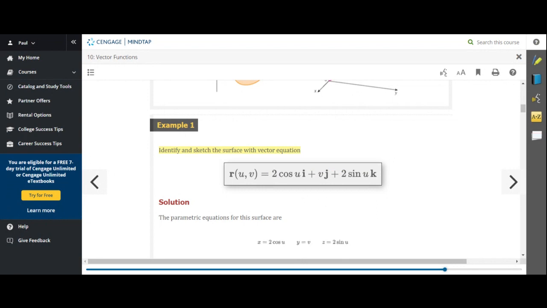But what helps me a lot is holding one of the parameters constant and then varying the other parameter. So for instance, in this example 1, if I were to hold the V constant and let the U parameter vary, then it would make sense to let U vary from 0 to 2 pi. What would that produce?